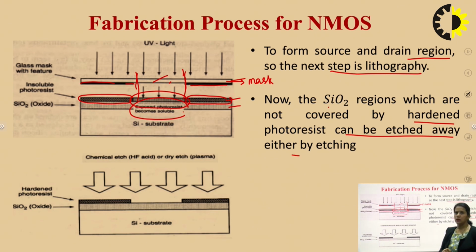Chemical etching or dry etching is applied, and you can see that the photoresist layer over here has been removed after etching. This is how the window is created for doping.